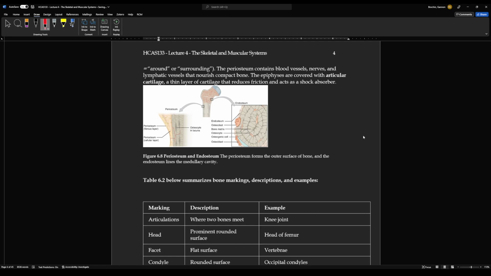Now, when we look at the bone matrix, now this is the inorganic component of bone. It's primarily made up of things like calcium and phosphorus, and that's what really gives bone its hardening.